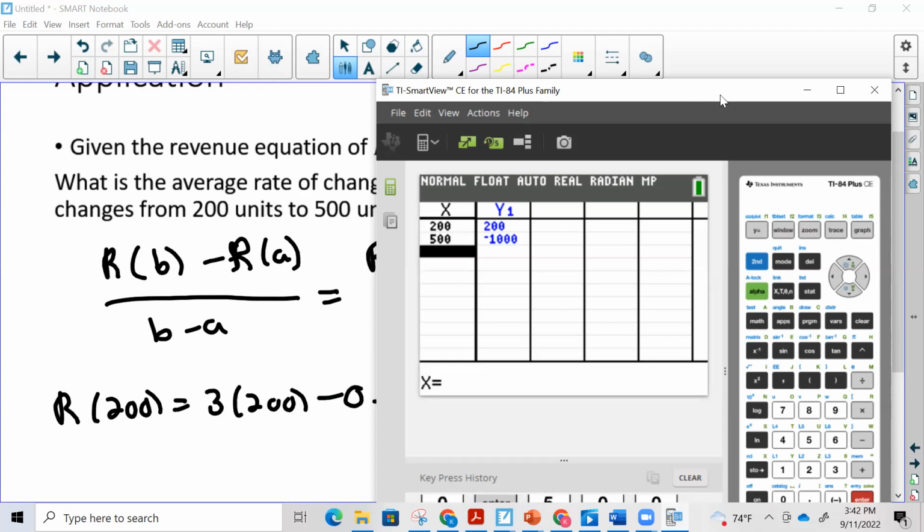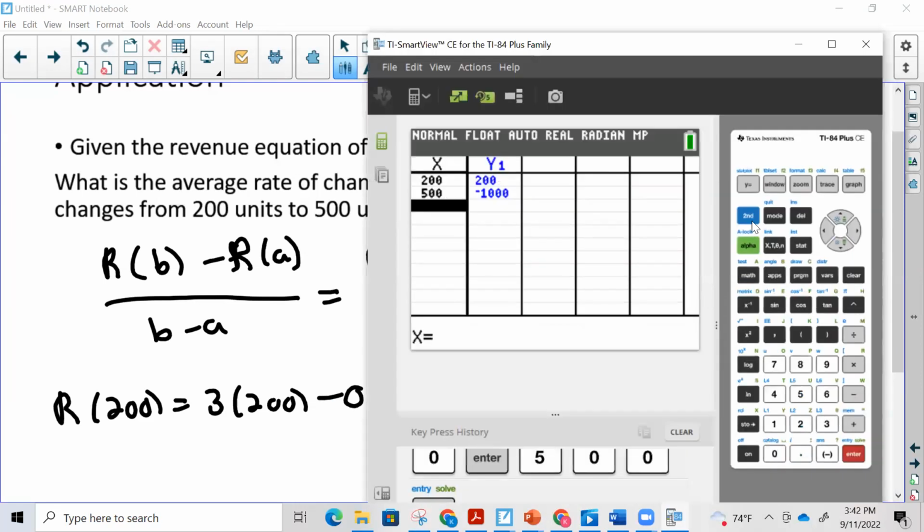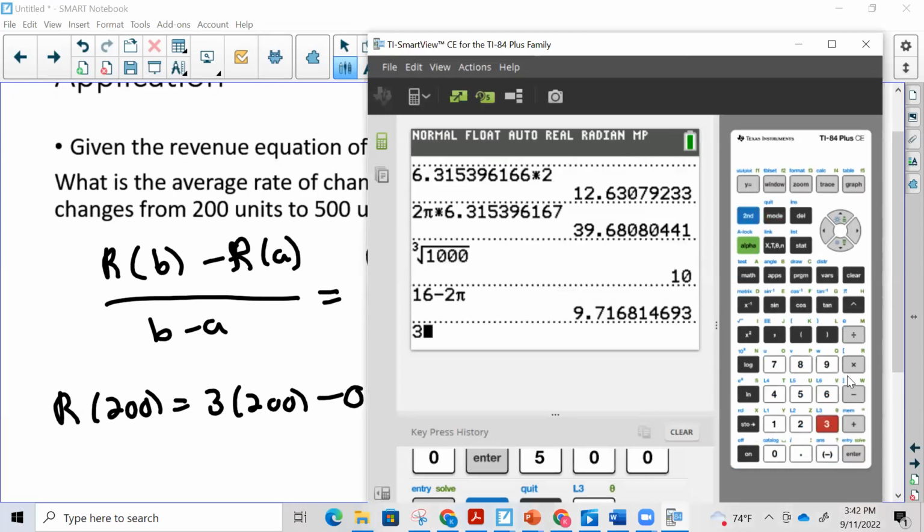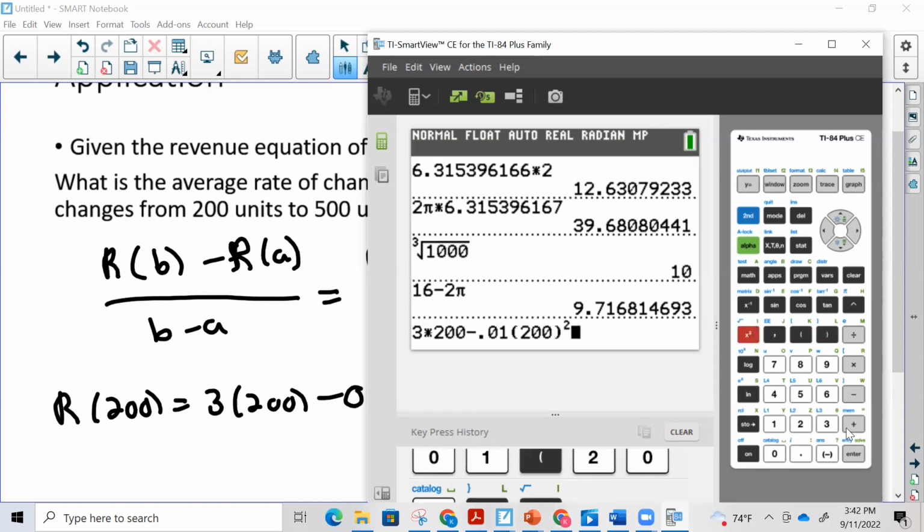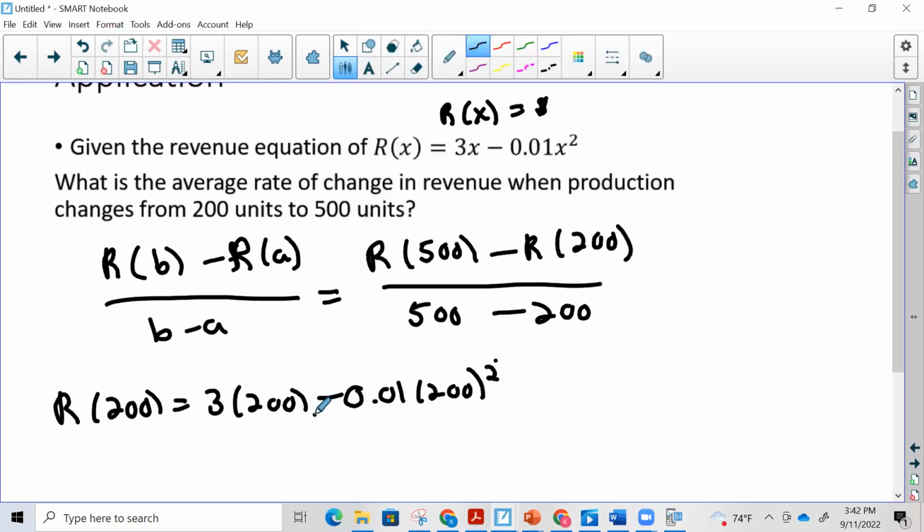So you can do it that way, or you can just type this whole thing into your calculator, whichever you're more comfortable with. 3 times 200 minus that 0.01 times 200 squared. You should get the same answer. So we get 200 for that. And then we'll find R of 500.